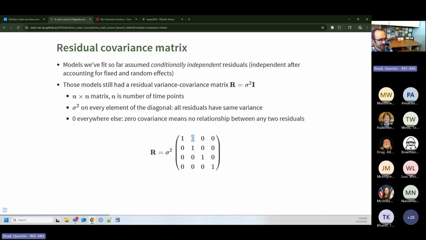So this 0 would be the relationship between the residual of time point 1 and the residual of time point 2. This would be time point 1 versus time point 3. They're all 0. There's no relationship between any two residuals. They're independent. That's what we have been doing so far.